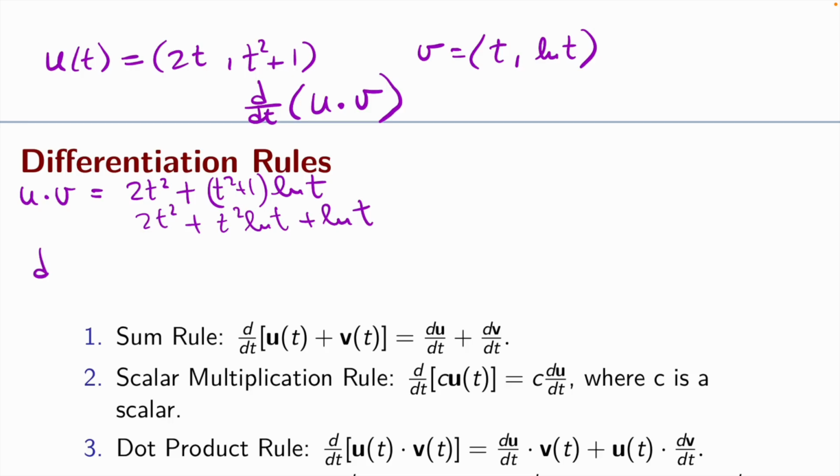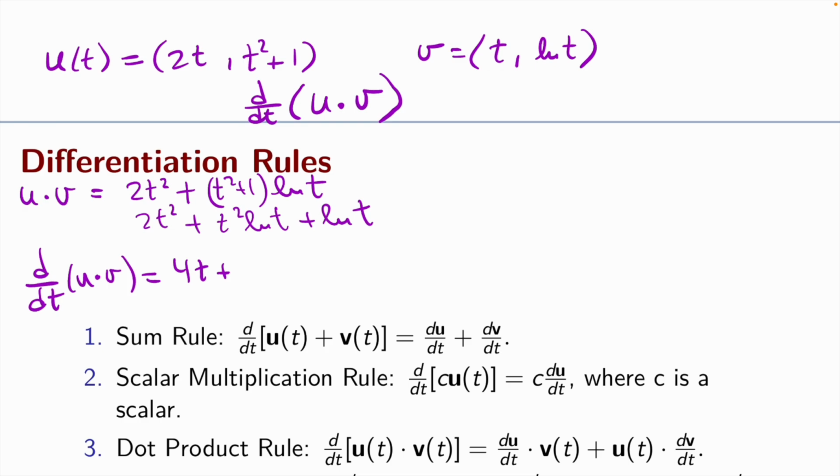So the derivative of the dot product is the derivative of this, right? So that would be the derivative of 2t squared, which is 4t, plus the derivative of t squared times logarithm of t.